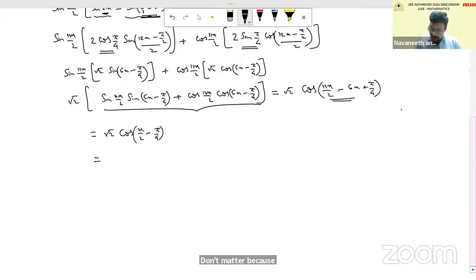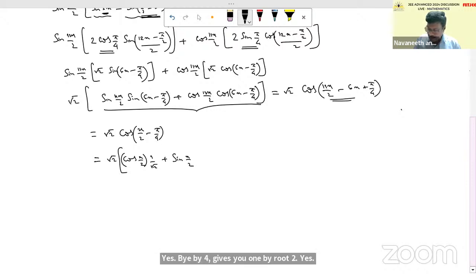So this is going to be root 2 times cos A minus B, again cos x by 2 into cos pi by 4 gives you 1 by root 2 plus sin x by 2 into sin pi by 4 gives you 1 by root 2, which is basically cos x by 2 plus sin x by 2. Now we need to know this value to get this output.